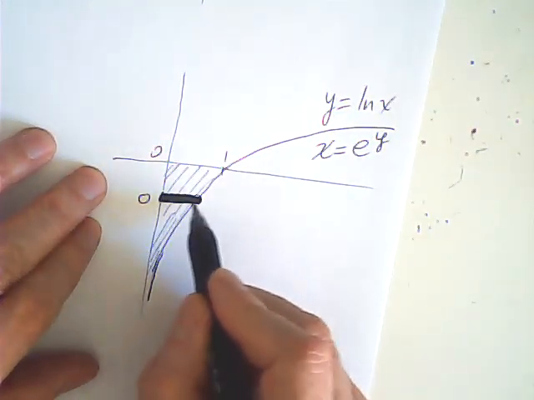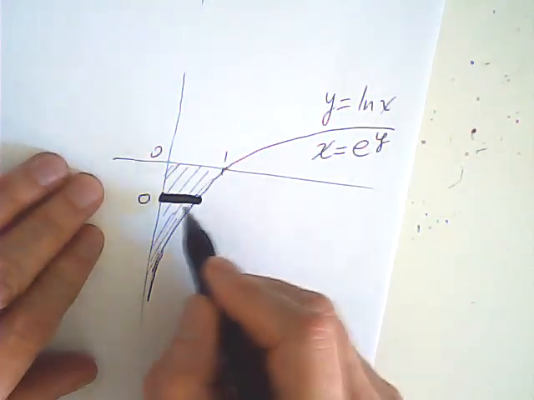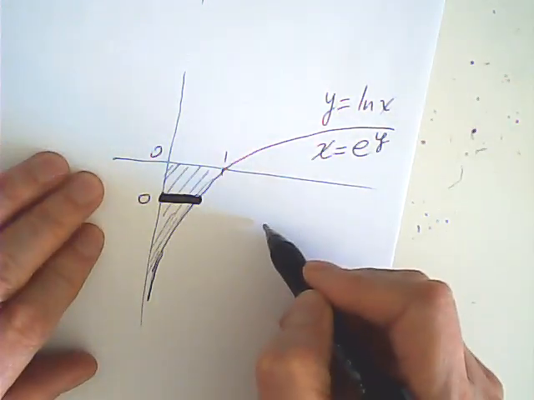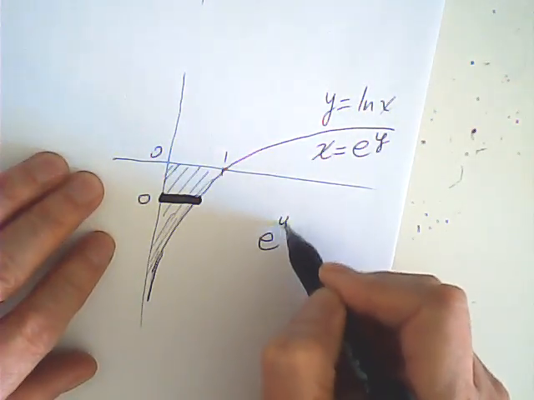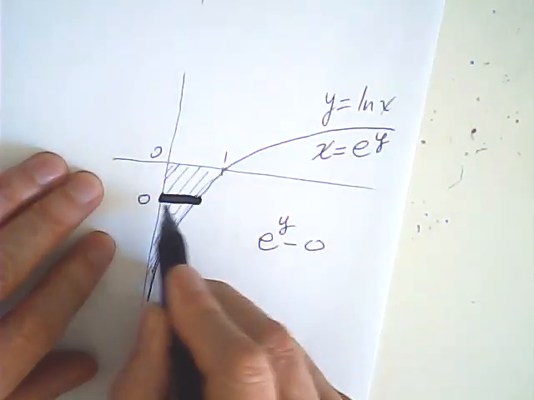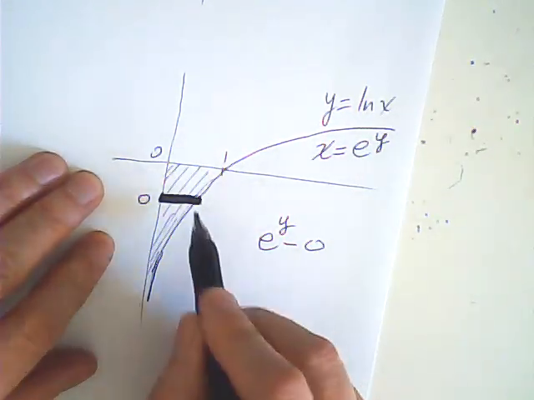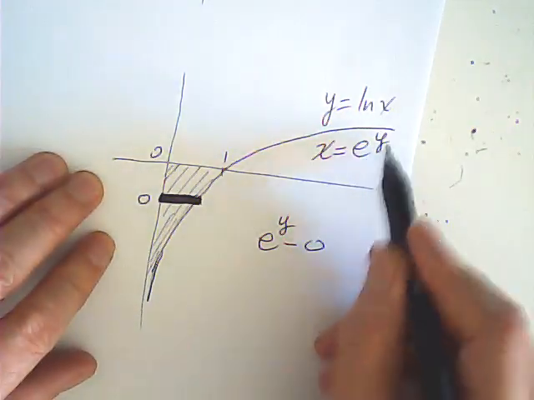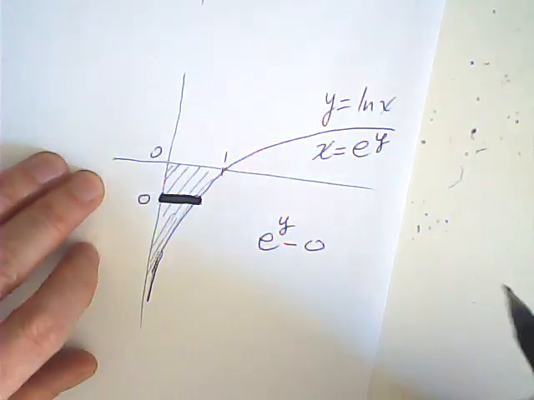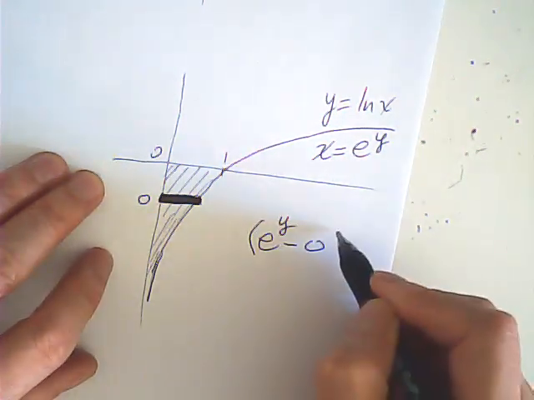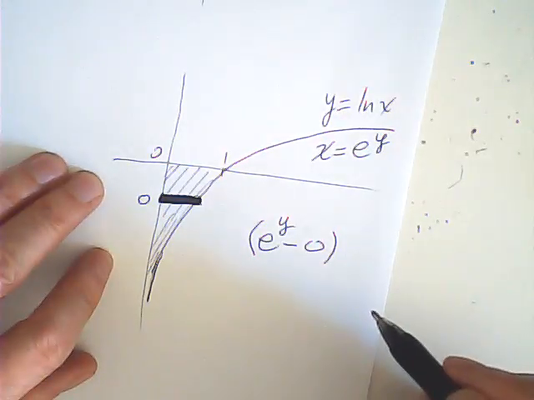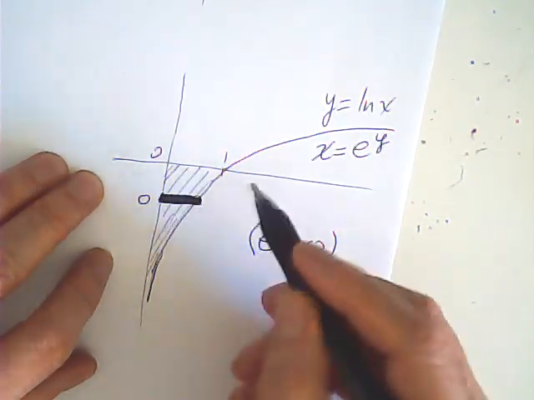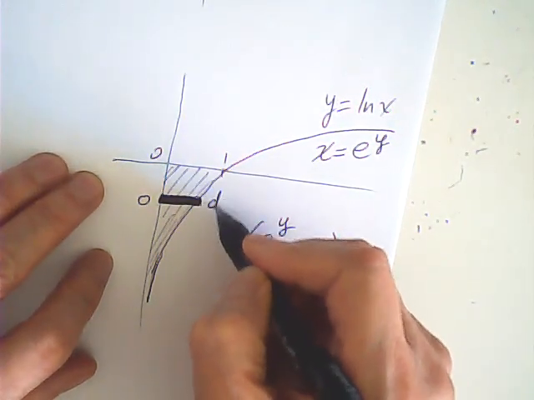So the length of this slice is e to the y minus 0. This is 0. This is e to the power of y. So that is the length of the slice. The thickness, the width, is dy.